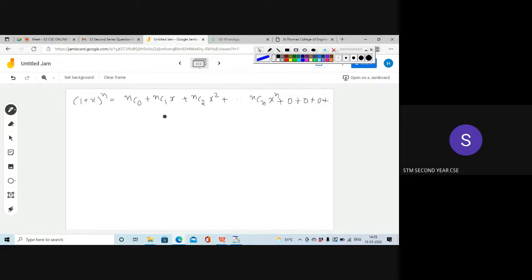Okay, so now this is an ordinary generating series, because you know this is of the form a0 x raised to 0 plus a1 x raised to 1 plus a2.